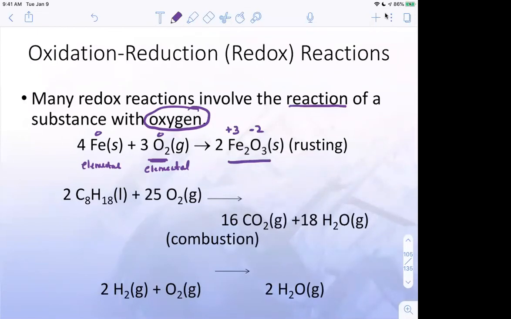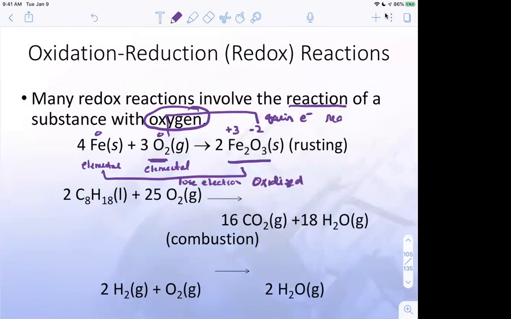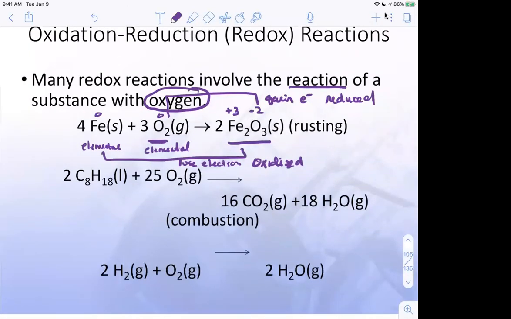So the iron went from iron 0 to iron +3 by losing electrons. And then the oxygen went from 0 to -2 by gaining electrons. So this was oxidized, this was reduced. And you can tell anytime I have these types of reactions with oxygen, I'm actually going to get this transfer of electrons, which means they are redox reactions.